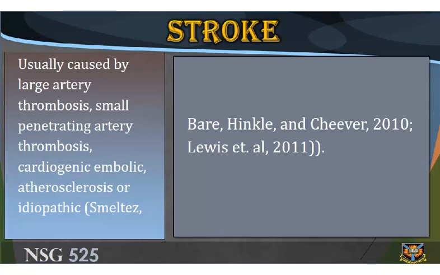Hemorrhagic strokes are caused by bleeding into the brain tissue, the ventricles, or the subarachnoid space. Primary intracerebral hemorrhage from a spontaneous rupture of small vessels accounts for approximately 80% of hemorrhagic strokes and is primarily caused by uncontrolled hypertension.